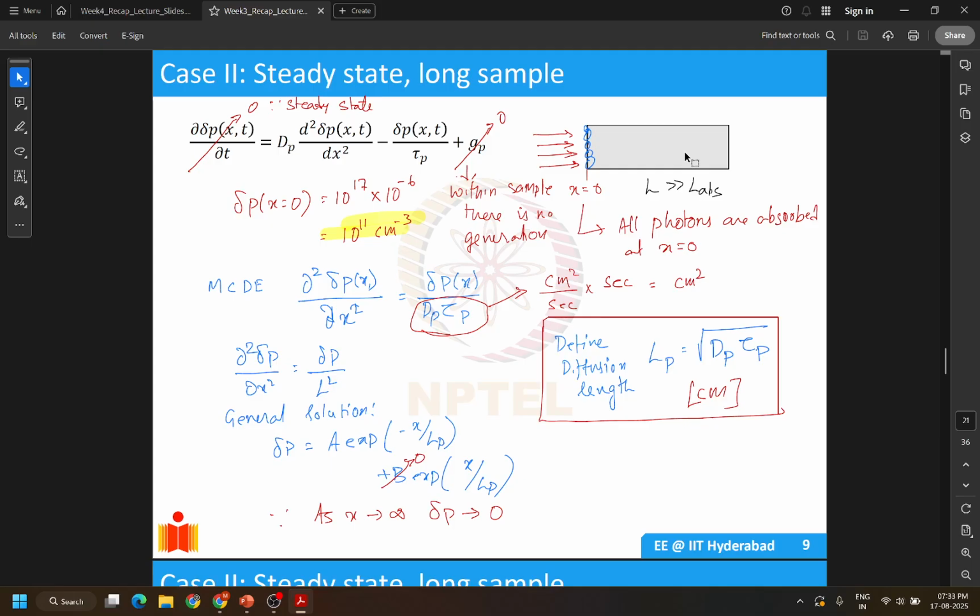In the plus x region there is no generation. There is no applied electric field here, so drift is 0, and it's steady state, so the time derivative is 0. So only the diffusion and the recombination are there.